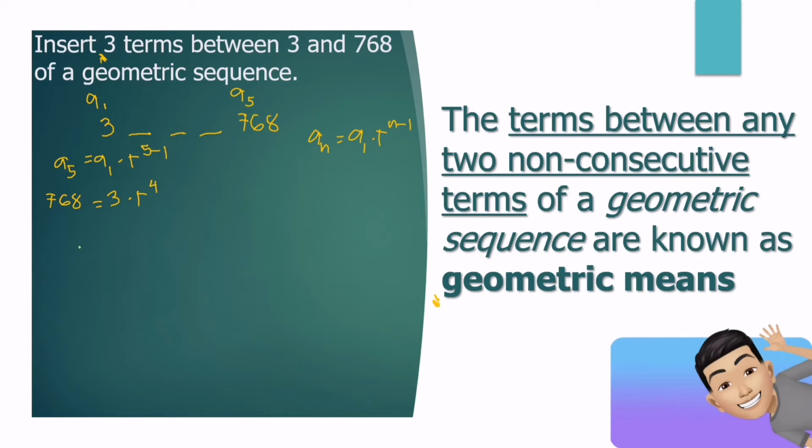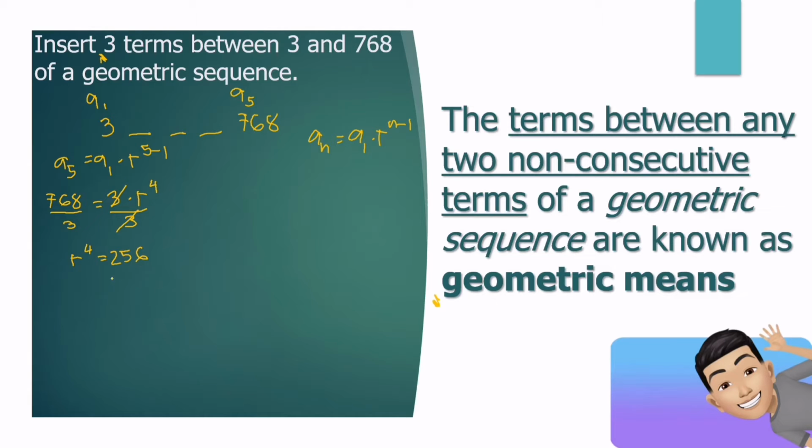To simplify this equation, we can divide both sides by 3. Take note, dapat nandun yan sa gitna. Cancel ito. R raised to 4 is now equal to 256.